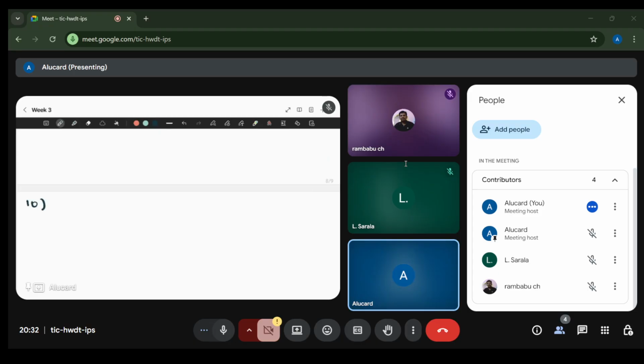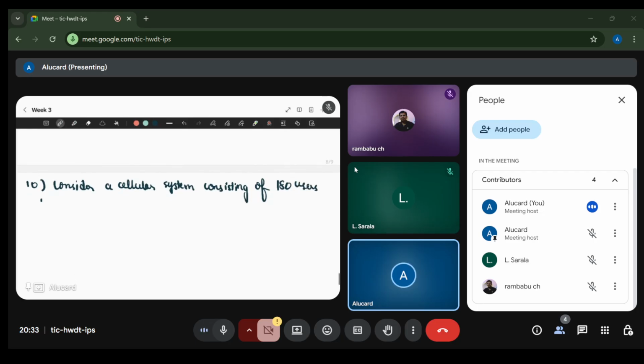Question 10. Consider a cellular system consisting of 180 users in a particular area.